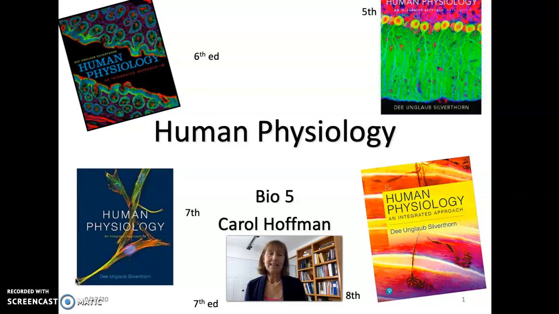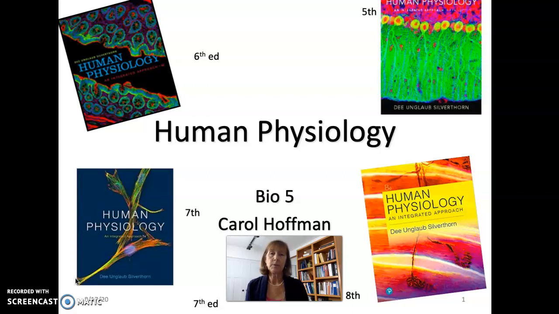Online still. So I wanted to start showing you some of the different books. We use Human Physiology: An Integrated Approach by Silverthorn. And these are some of the options. The latest version is the 8th edition, but really any of them would be fine; some of the older ones you'll pay less for.